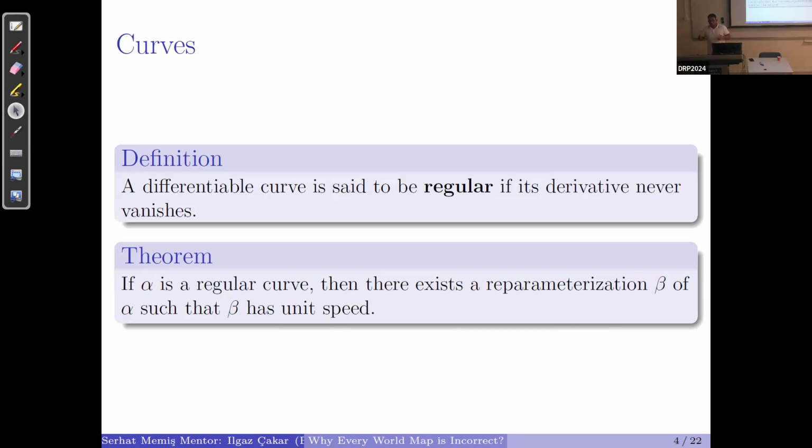So we want to fix its length. There is a theorem. If we have a regular curve in our hand, then we can reparameterize the curve such that it has unit speed everywhere on the curve. The length of the tangent vector is 1.